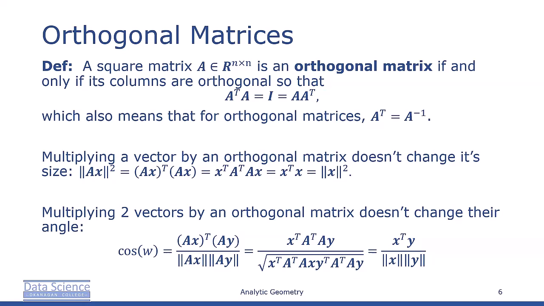And using the previous calculation, our denominator is going to simplify to just norm of x times norm of y. Our A transpose A will cancel in the middle as the identity matrix. We end up with x transpose y over norm of x and norm of y.